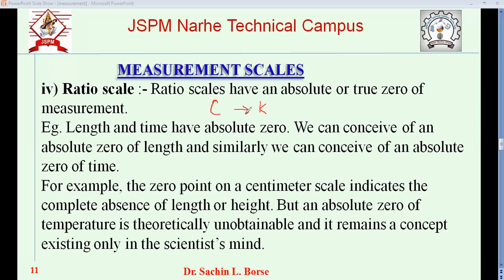From that time we measure the time. So we can conceive an absolute zero of length. Similarly, we can also see the absolute zero of time. So we can see both.